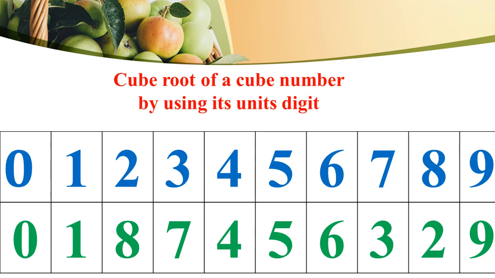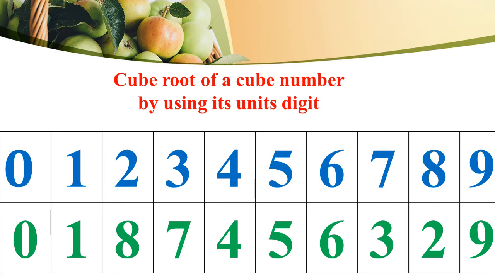If it is ending with 3, the cube root will have 7 at its units digit. If ending with 4, the cube root will have 4 at units digit. If ending with 5, the cube root will have 5 at units digit.